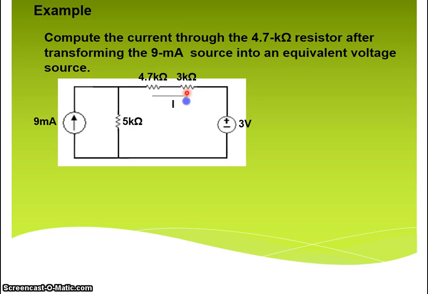So you are asked to find out the current through the resistance 4.7 kilo ohm by doing a source transformation, which is, the given current source has to be converted to its equivalent voltage source.